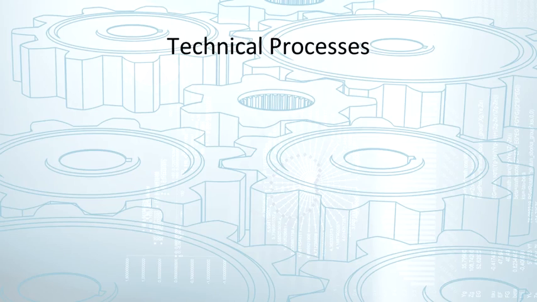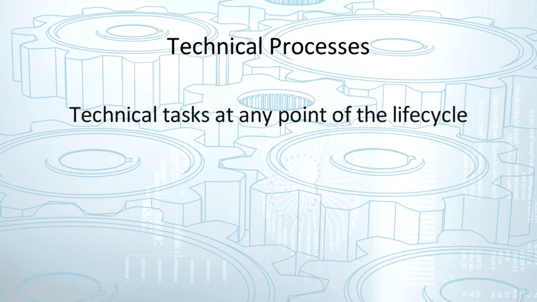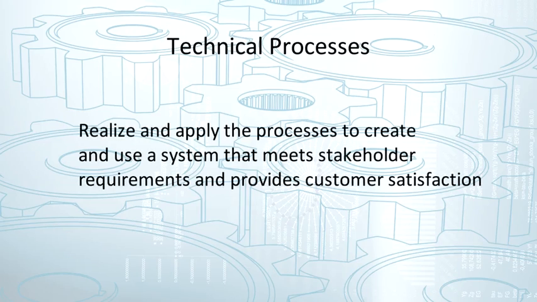The final category of processes, technical processes, focuses on tasks at any point of the product lifecycle. The emphasis is on transforming the needs of stakeholders into a product and service. The goal is to realize and apply the processes to create and use a system that meets stakeholder requirements and provides customer satisfaction.